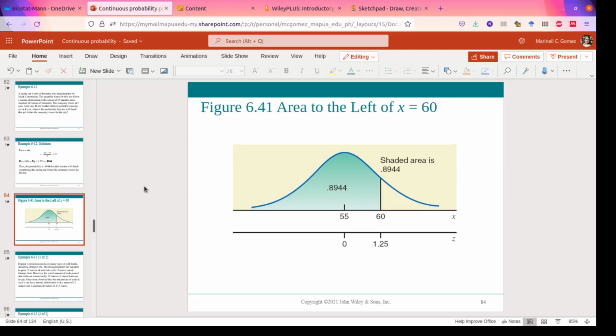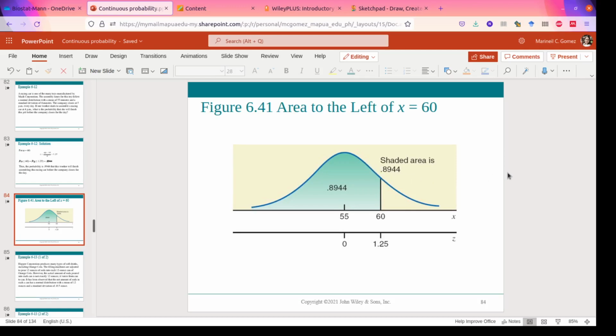Now, if the question is switched, what's the probability that the worker will not finish on time? That's 60 minutes or greater, so the shaded area becomes those to the right. So it becomes 1 minus 0.894, because again the total area is 1.